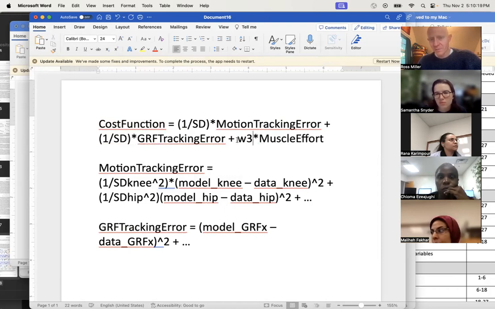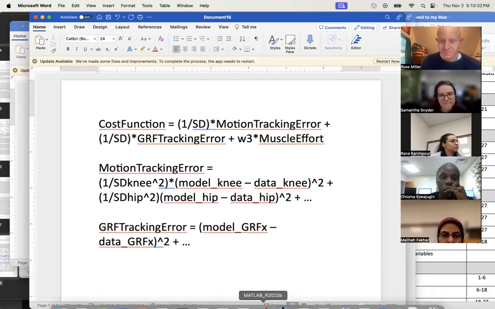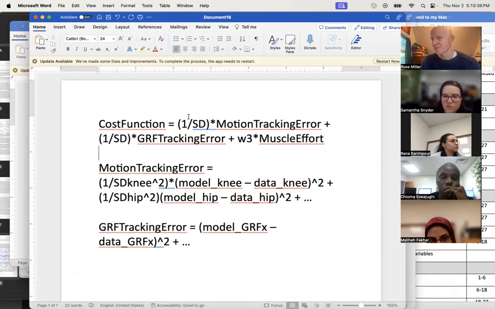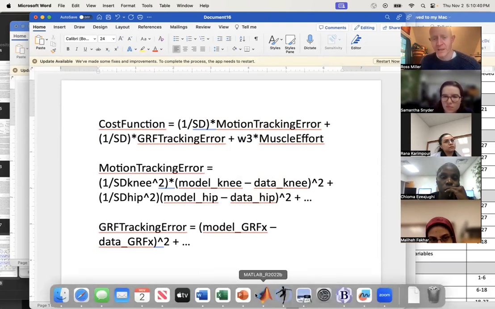What should that be? Well, maybe you keep these weights here, and then you adjust this one to produce an overall metabolic cost of walking that's realistic, for example. So you don't have to just take a shot in the dark at what these can be. There are fairly good objective ways of coming up with values for them.